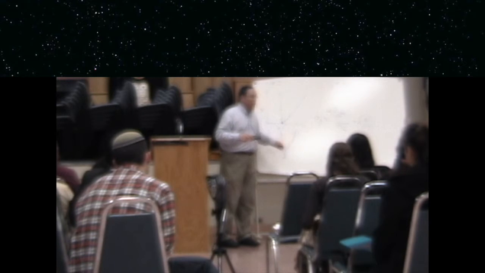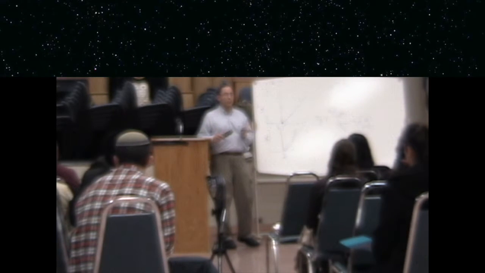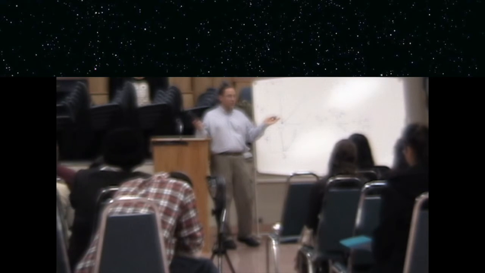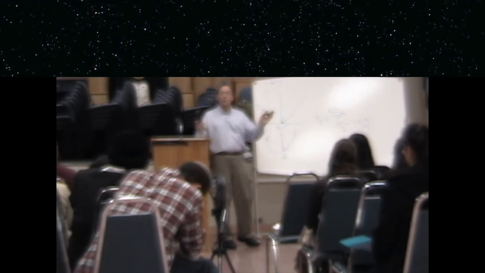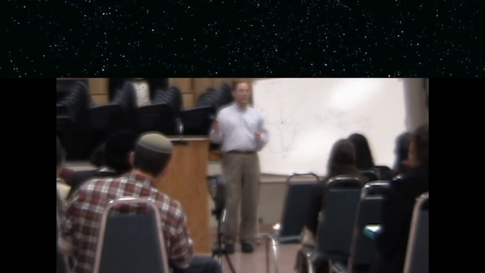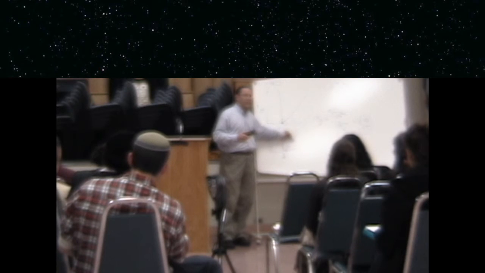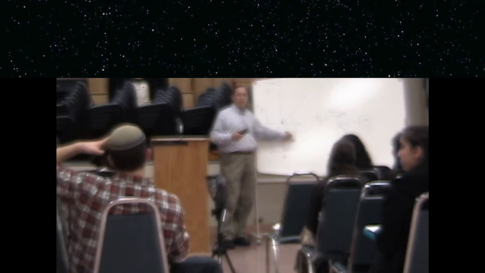Now, we associate an acceleration always to a curved world line. That's the key point. A straight world line means no acceleration, no forces. A curved world line of necessity means that there is some kind of a force. A curvature of the world line. Now, what is this curvature of the world line? Some of you have studied calculus. What is the first derivative of this? The slope, and that would be the velocity.